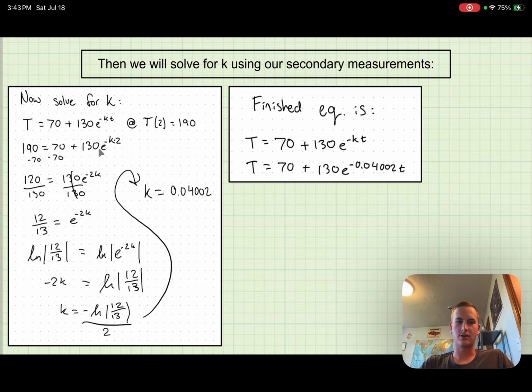You plug in your initial conditions, you solve for K, do some natural log stuff, you get K right here. This threw me off a little bit because I was expecting to get a negative K, but then I put it into the equation and realized it's actually negative here, because the negative K shows that the temperature is decreasing over time.